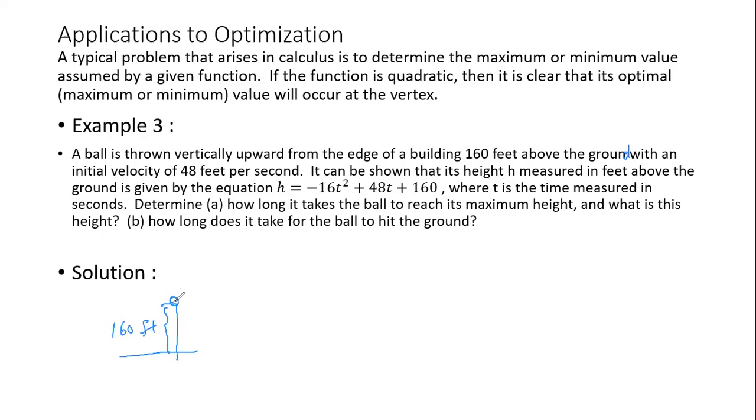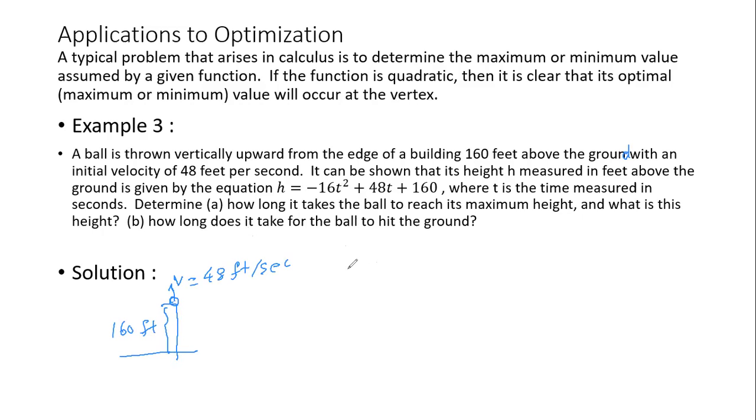Ball is here, throwing up. Initial velocity v equals 48 feet per second. It can be shown that its height measured in feet above the ground is given by the equation.